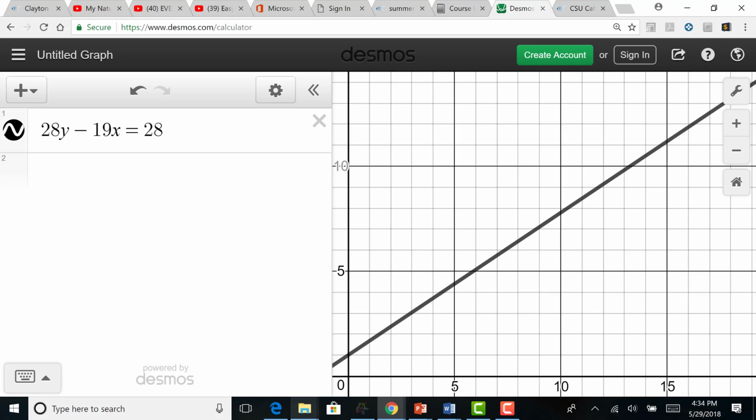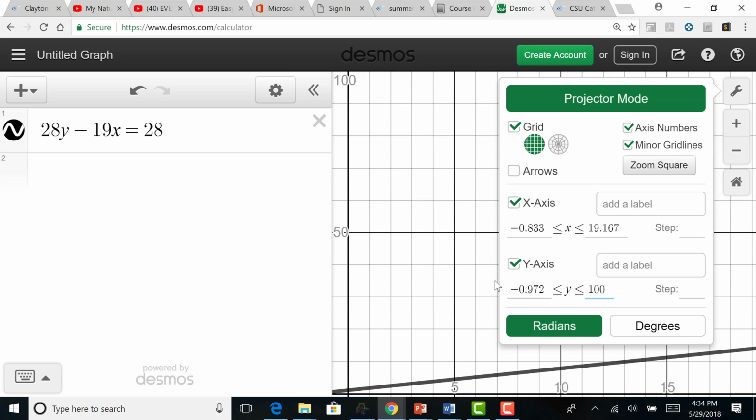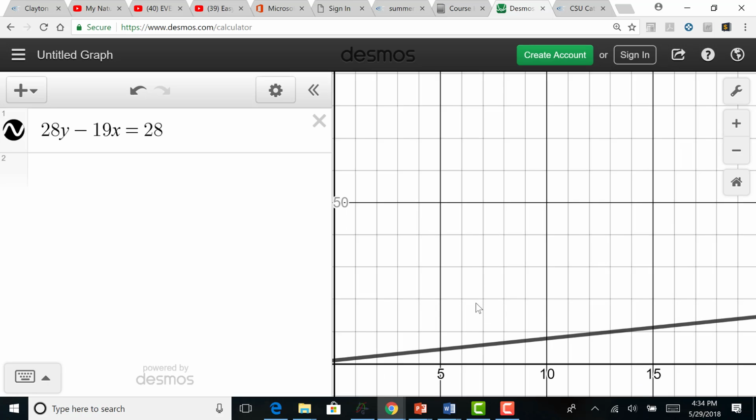So here I'm looking at from 0 to 20 years. And then percent. How high can percent be? It's only going to go up to 100, so I can change my y-axis to 100 because it can only go up to 100%. Well, there's the graph if I change it to 100%.